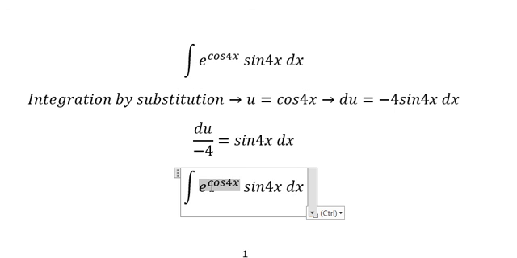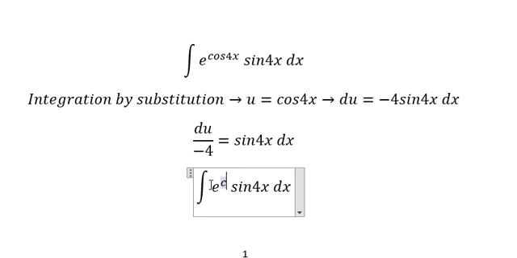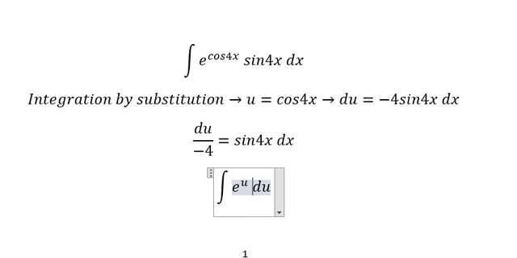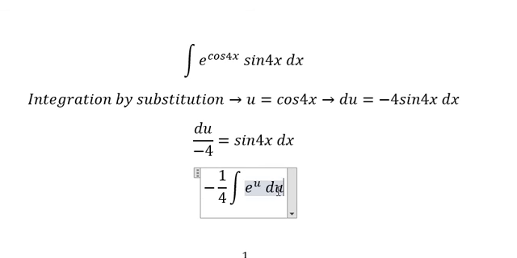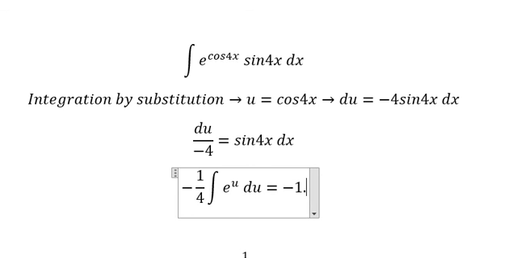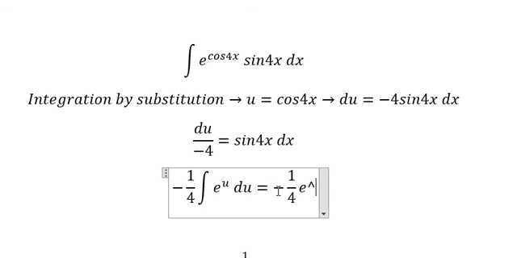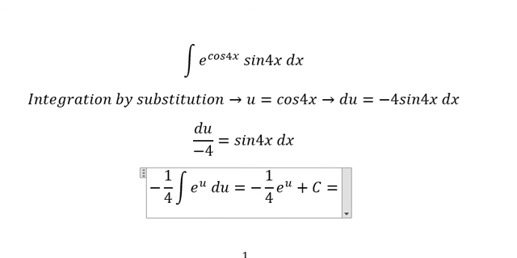So this one we change for u. Sine 4s ds we change for du over negative number 4. And now we get the final answer. About u, that's cosine 4s.